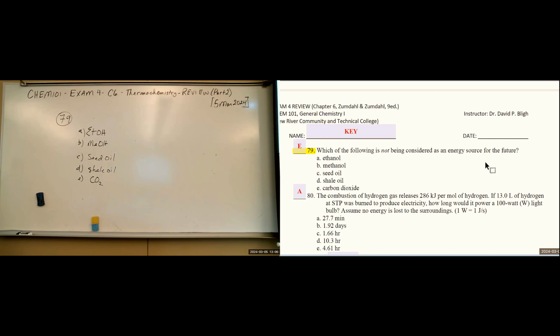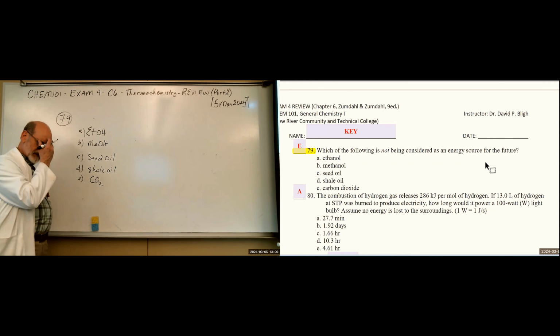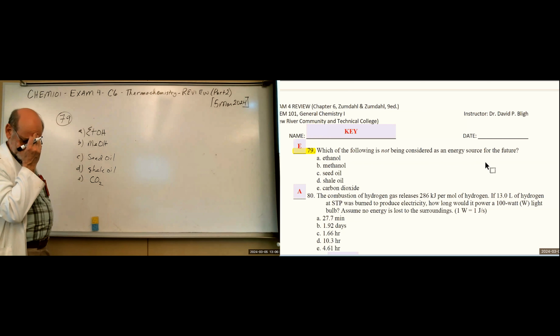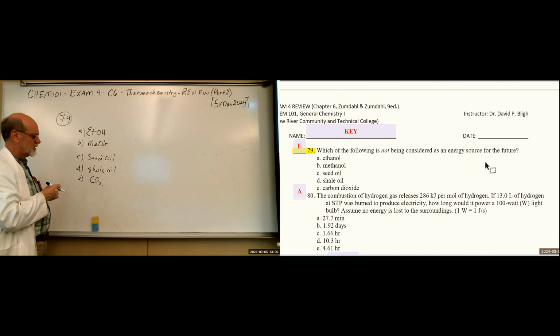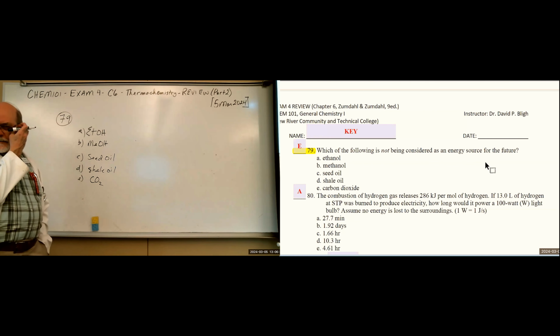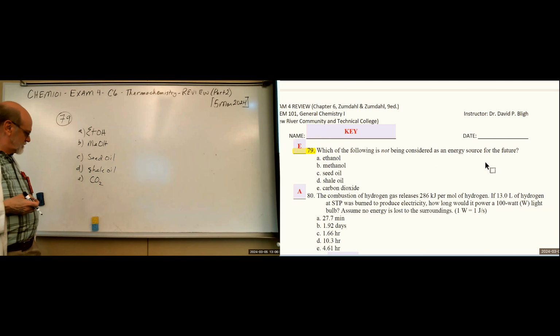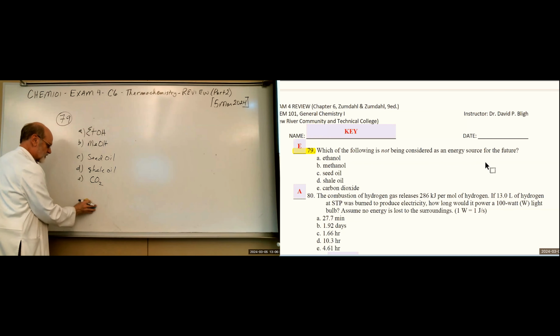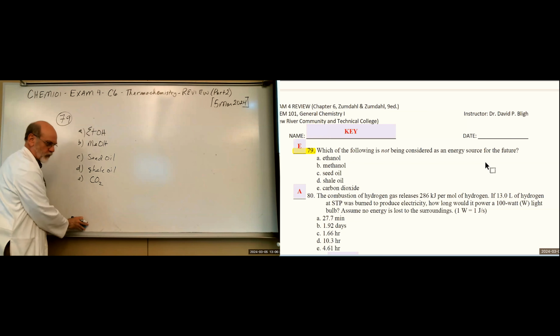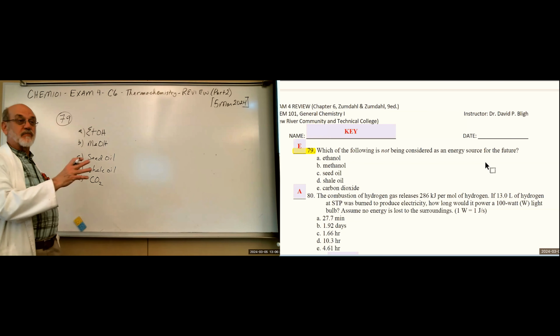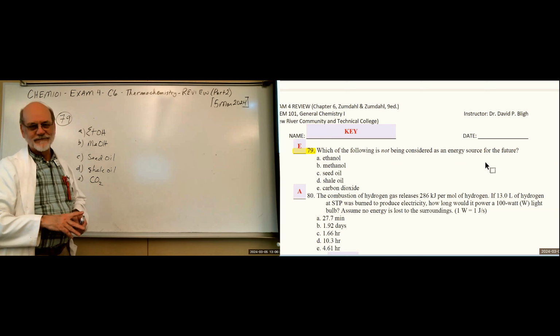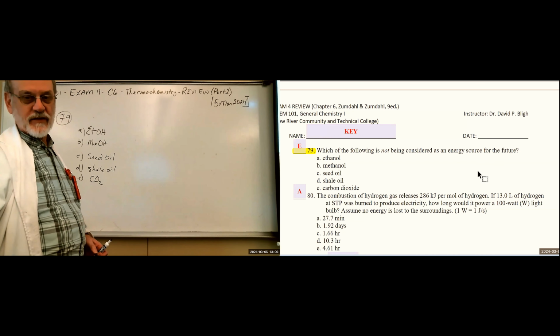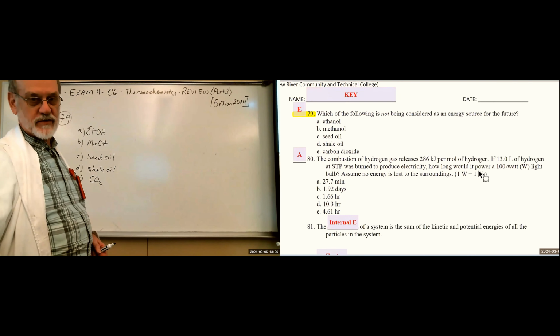Next semester we'll learn about formal charges, oxidation states, and I don't want to go into too much detail because that'll ruin it for you. Carbon dioxide is a product. It's not a fuel. So E is the answer. It's the one that's not being considered as an energy source.